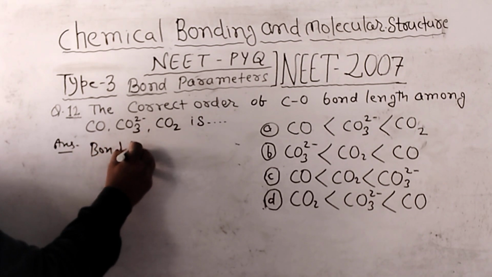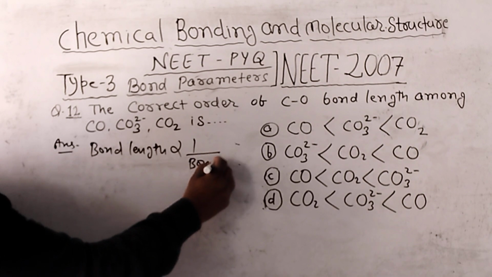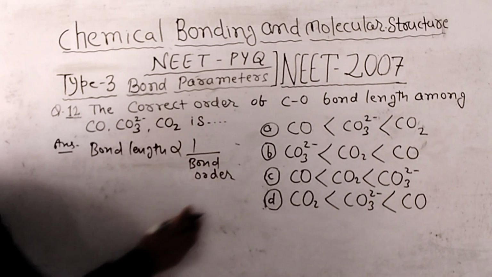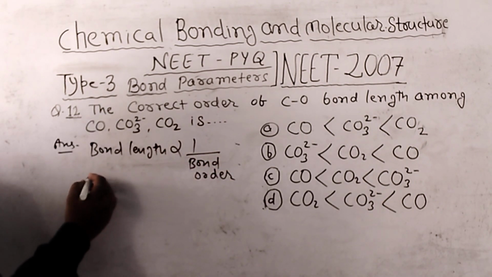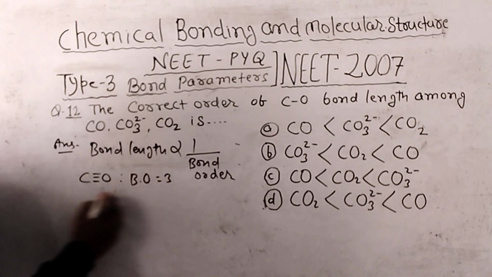Bond length is inversely proportional to 1 by bond order. In case of CO, bond order is 3.